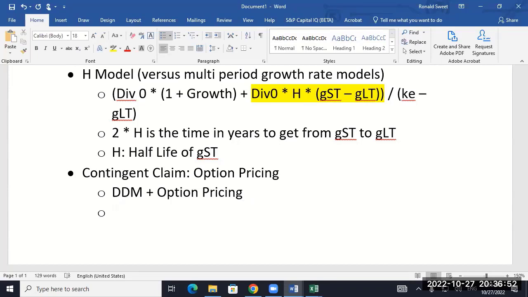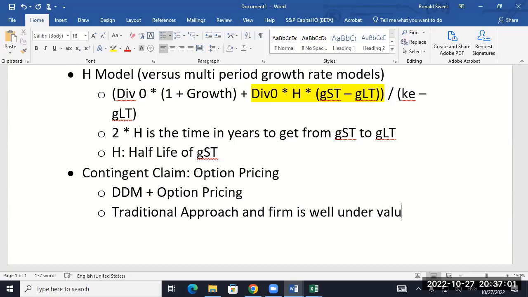So why is this important? You do the traditional approach and the firm is well undervalued. What might explain that? Well, they may have that option there. So think about it. Does your firm have something that won't cost them much, that's not going to destroy them? We're talking about Exxon that makes maybe $5 billion, and maybe this costs them $100 million, $200 million.